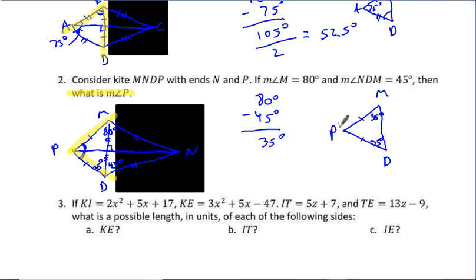The question asked us to find the measure of angle P. Well, 35 and 35 is a total of 70 degrees. And in the whole triangle there is 180 degrees. Minus the 70 degrees is going to be 110 degrees for the measure of angle P. Right there.